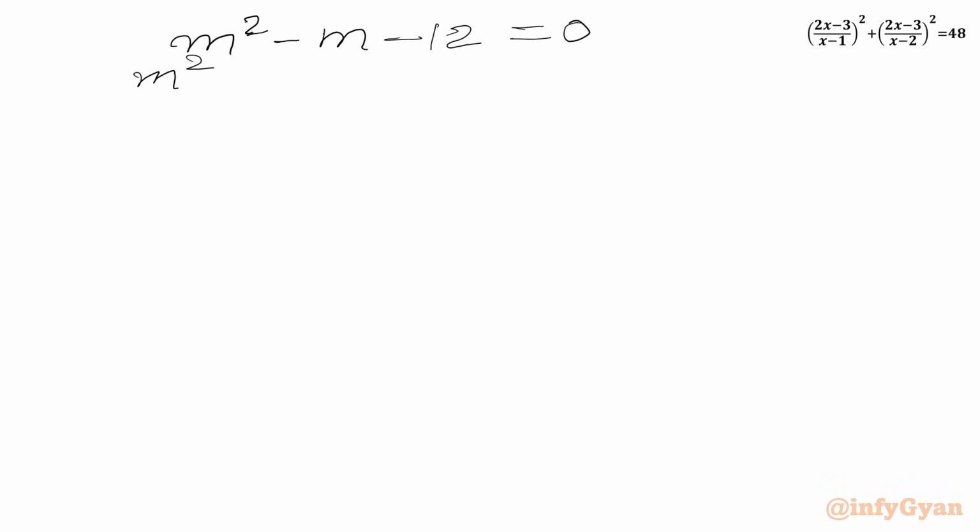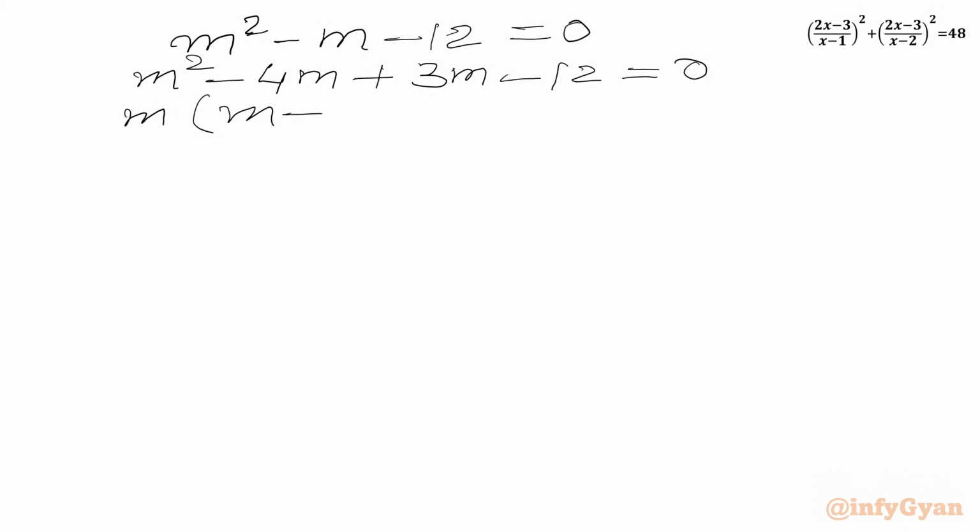So we are going to use the method of factorization. m square minus m minus 12 equal to 0. Let us split minus m as minus 4m plus 3m minus 12 equal to 0. Now from the first two terms, we'll take m common.